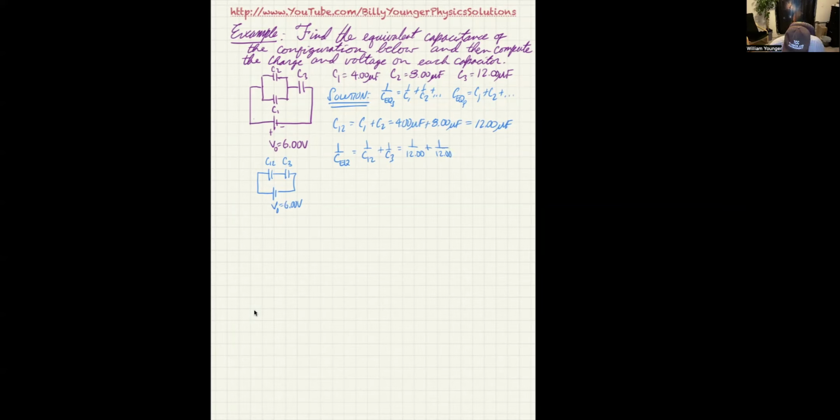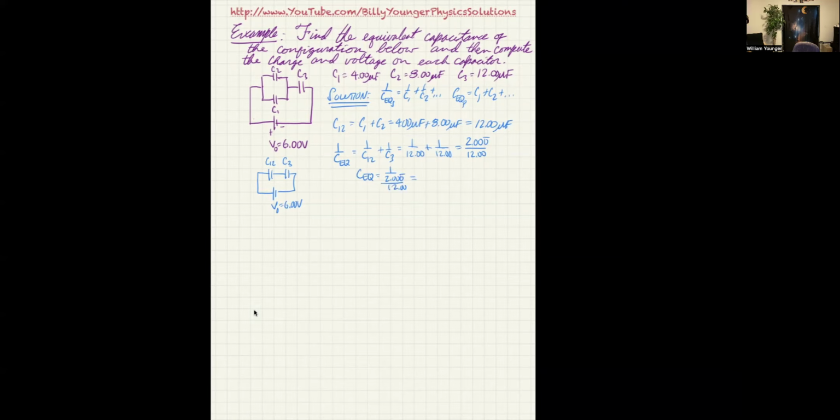Obviously, the least common denominator is 12, and it's already in that form. I didn't choose that on purpose, I just got lucky. So this is going to be 2.00 over 12.00. And of course, that means C equivalent is 1 over 2.00 over 12.00.